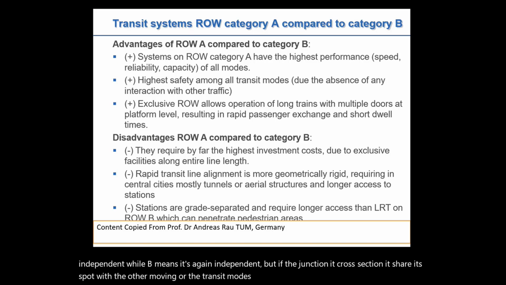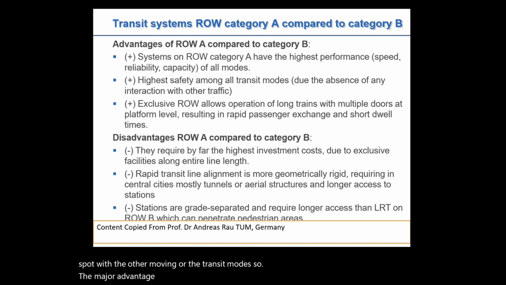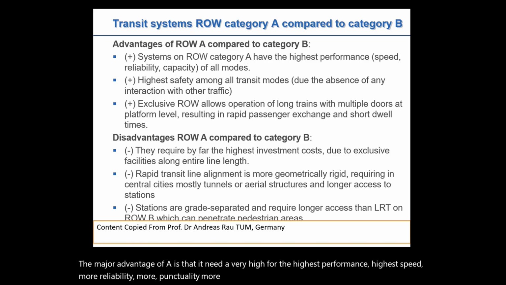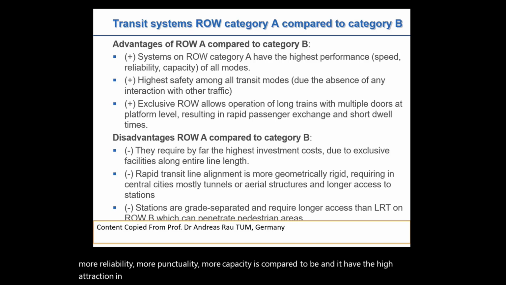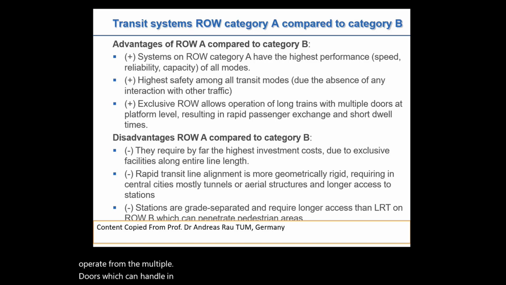The major advantage of A is that it offers the highest performance, highest speed, more reliability, more punctuality, and more capacity as compared to B, and it has high attraction in the eyes of the passenger or traveler as well. Right of way category A usually operates with multiple doors, which can handle more than 1,000 people in less than 1 minute. So you can imagine, okay?